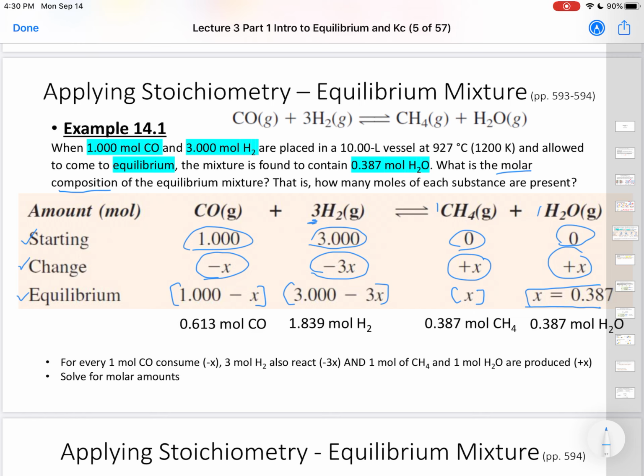So if you plug in x, you're going to get 1 minus 0.387, so you get 0.613. 3 minus 3 times 0.387, and you're going to get 1.839, so on and so forth. This is what we call the molar composition.